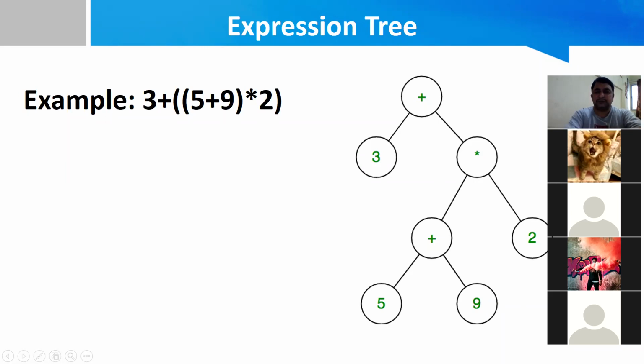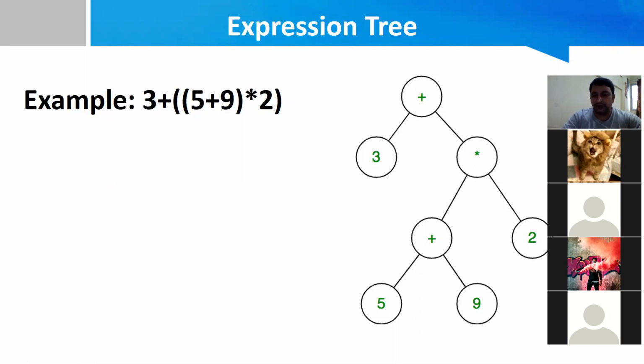There will be expressions given, and you need to draw them with the help of this binary tree concept, right? While executing, how it will execute, as I told you initially: pre-order, post-order, and then in-order. See here, it will start from the last level, 5 plus 9, that is BODMAS, 5 plus 9. I'm talking about the in-order: left, parent, and then right. And here you will get some value.